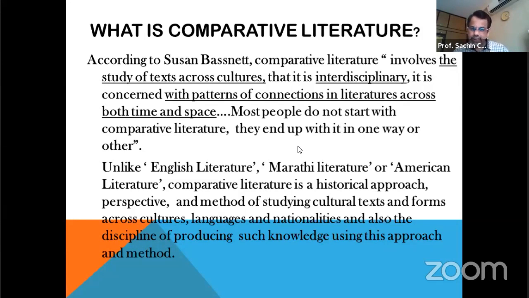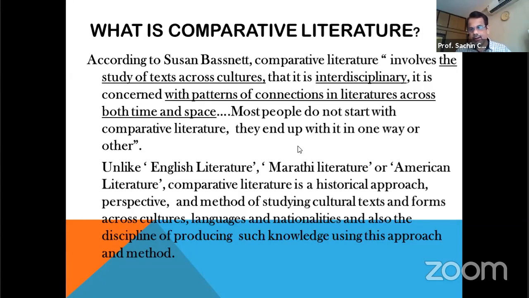So unlike English literature or Marathi literature or American literature, comparative literature is a historical approach, a perspective, a method of studying cultural texts and forms across cultures, languages and nationalities. And it is also a discipline of producing such knowledge using this method.